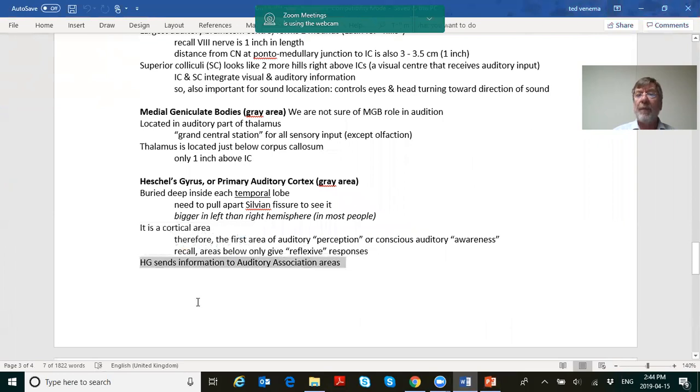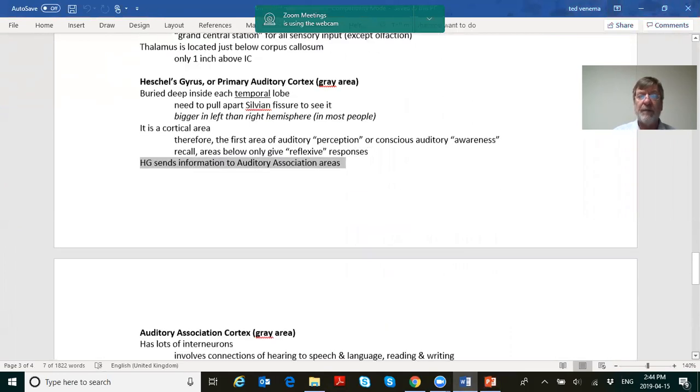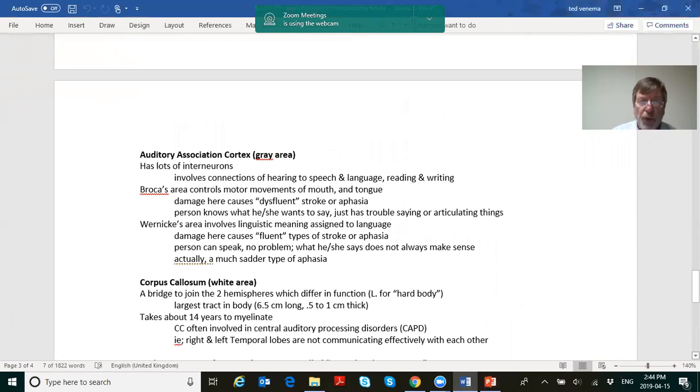Heschl's gyrus is the primary auditory cortex, and it sends information to associative auditory areas, the auditory association areas. And this has tons of tiny little interneurons, really small neurons, because your brain has trillions of little nerves or tracts in it.